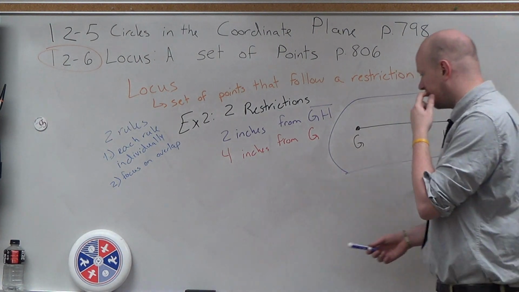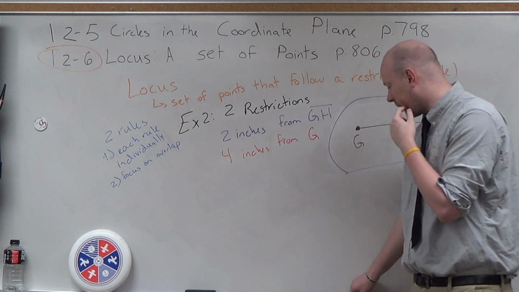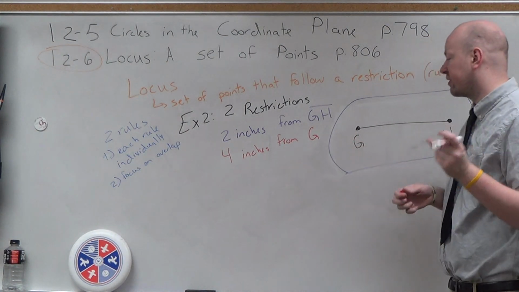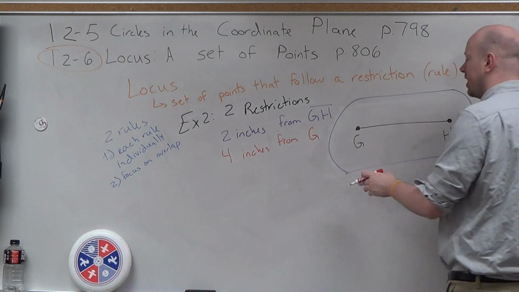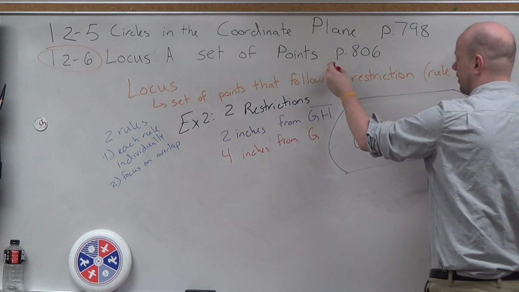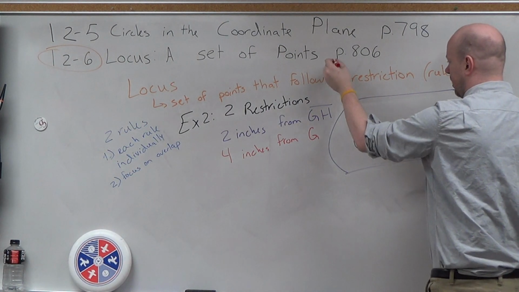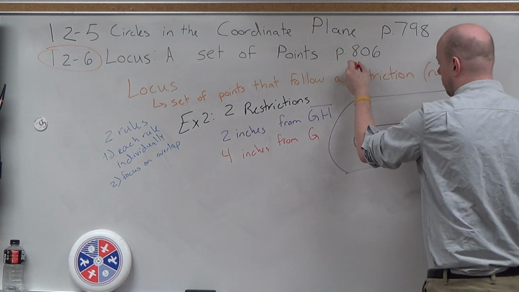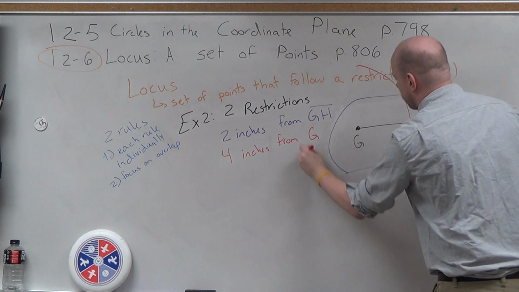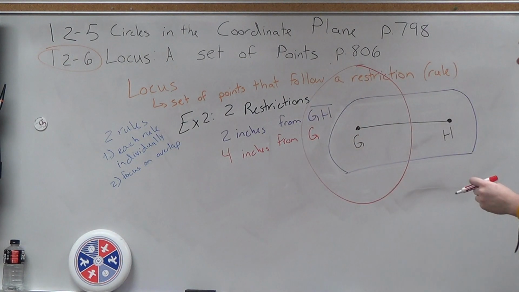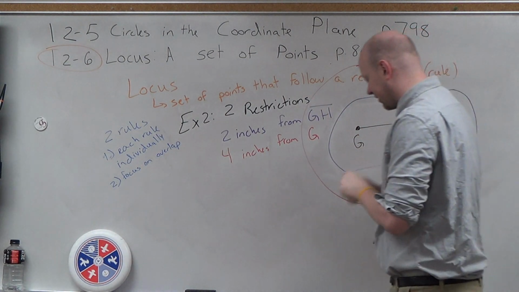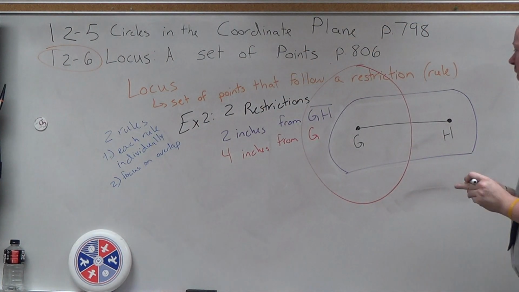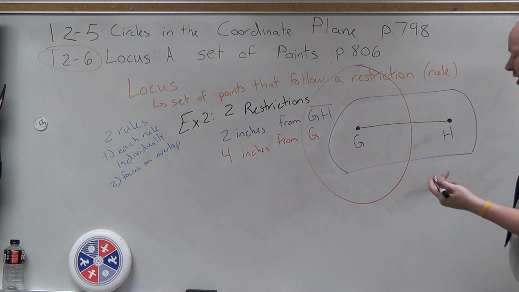So again, 2 inches from GH the entire way around. Now I also have to do my second one, which is 4 inches from G. So that's 2 inches, 4 inches would be something like this. Yeah, not very precise, I'm aware. Okay, so my actual answer would be everywhere that they overlap, or in this case, where those places intersect.